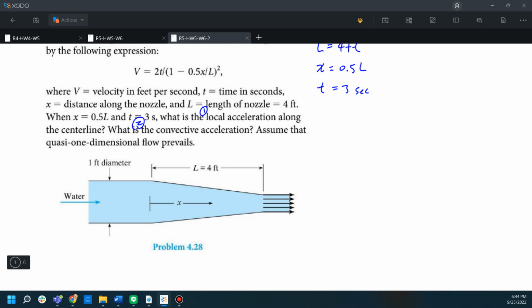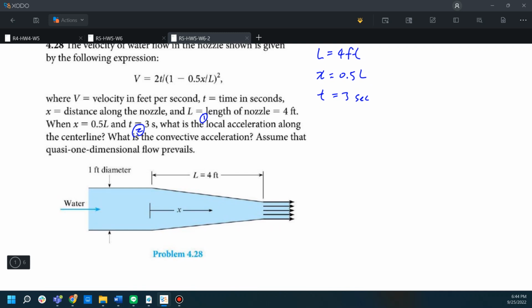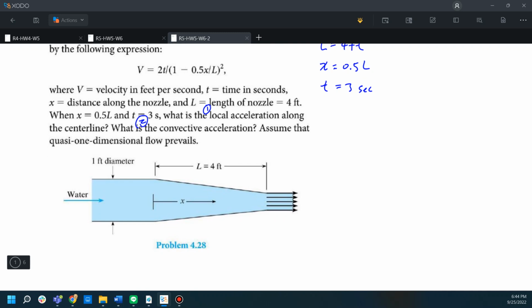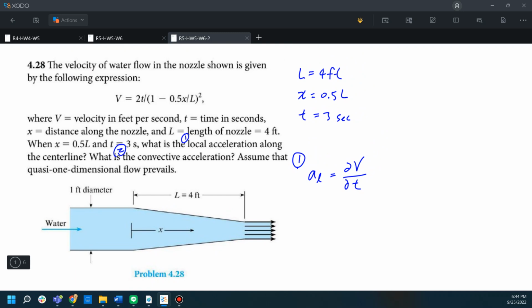So this problem is actually testing us on the definition of the local acceleration and the definition of the convective acceleration. So let's write down the definition for the local acceleration for part 1. The local acceleration is equal to partial v divided by partial t. Okay, so that is the definition.